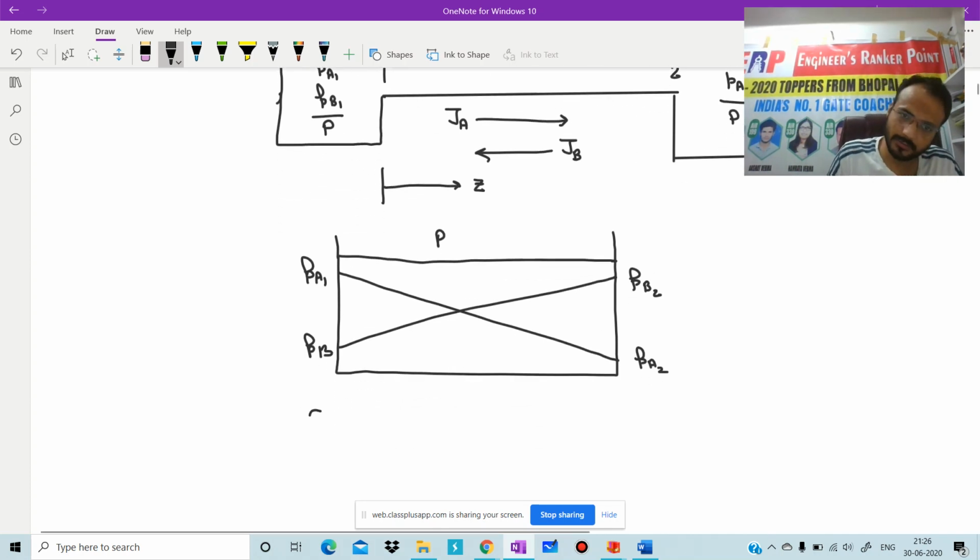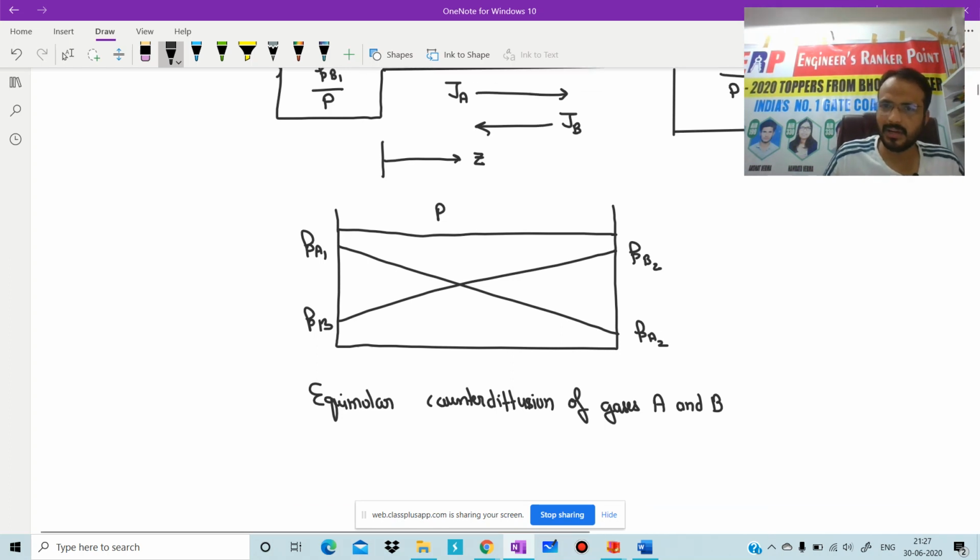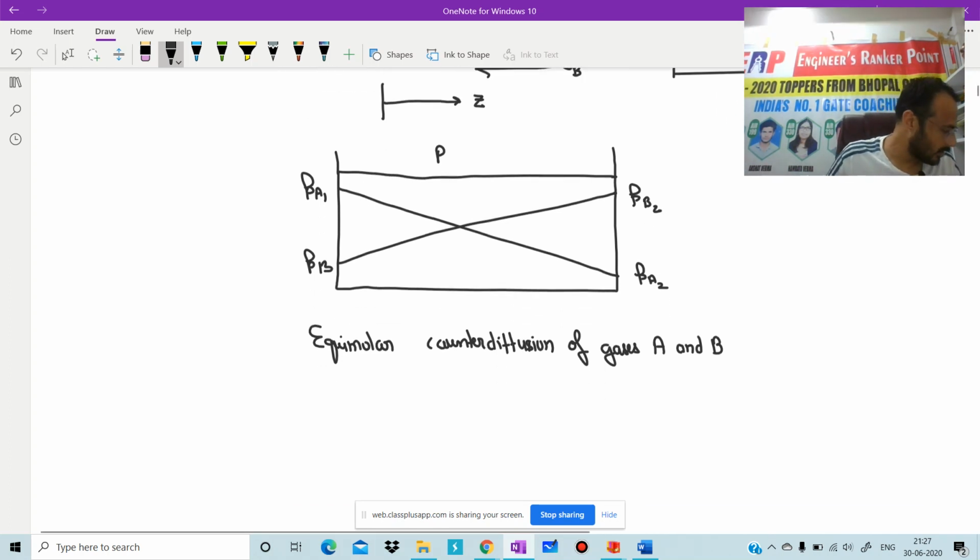That is equimolar. Equimolar counter diffusion of gases A and B. I hope both diagrams are simple and both diagrams should be clear. Now, write down.